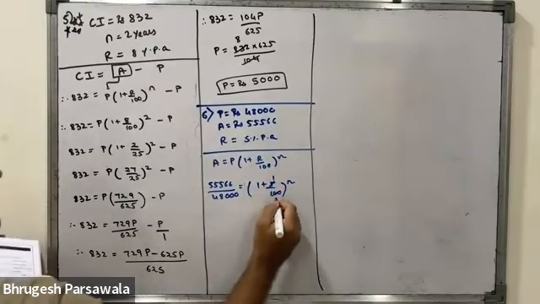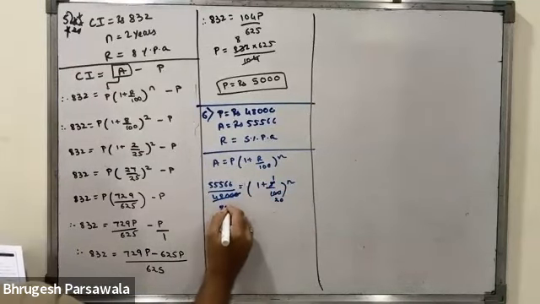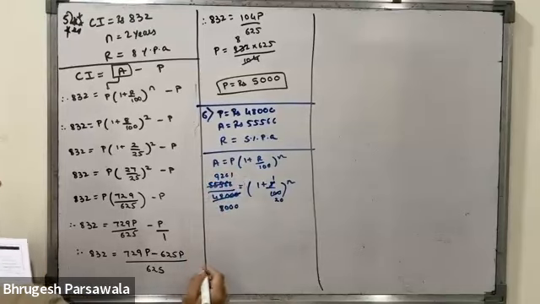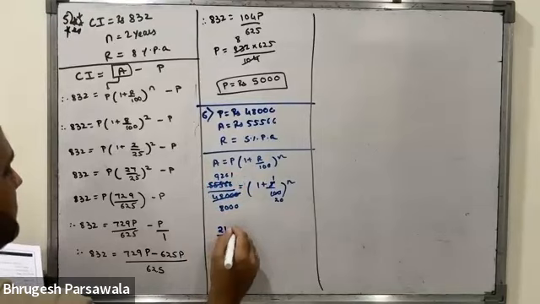5 1s are 5, 20s are 100. बेटा 6 से डिवाइड करो. बेटा ये दिख रहा है 9261, किसका स्क्वायर होता है या किसका क्यूब होता है?